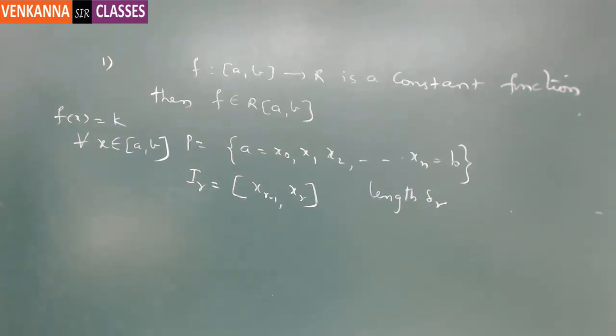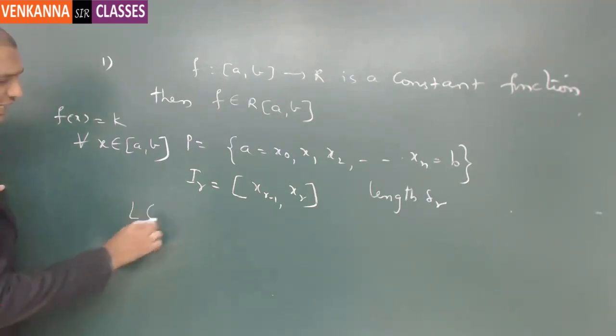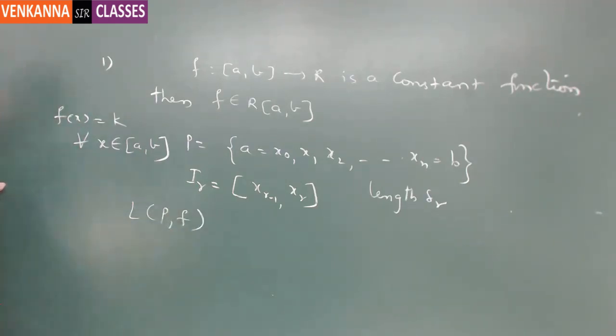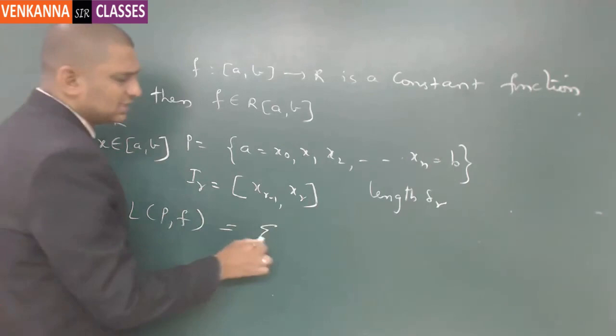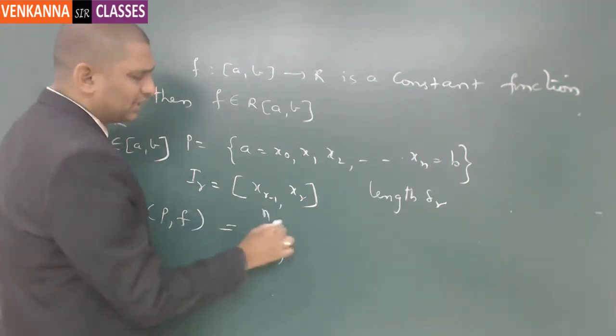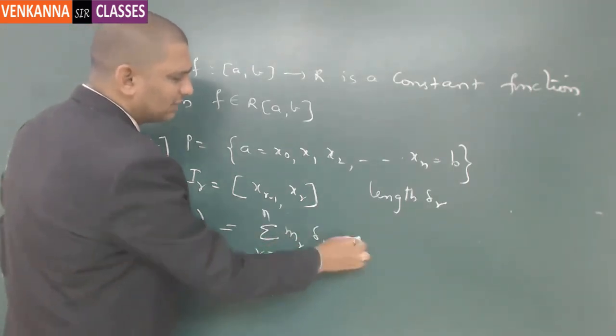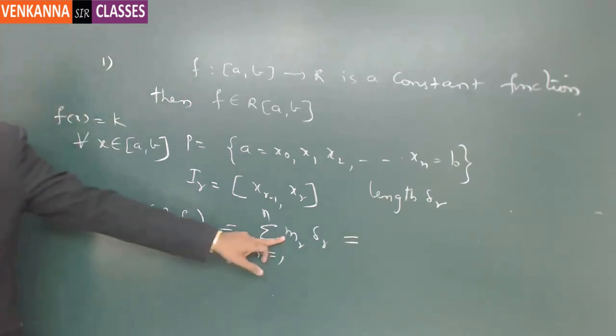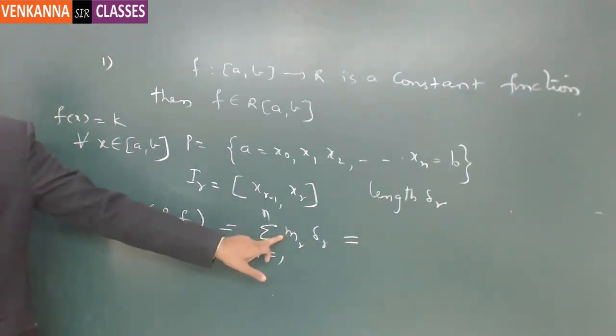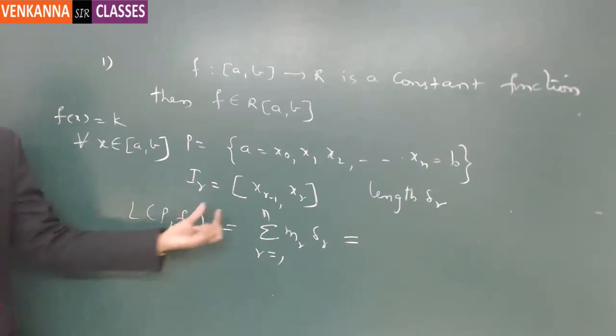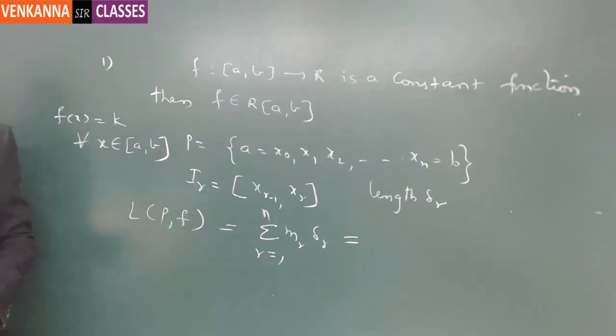Right. Now, let us calculate the lower sum as well as the upper sum. So, if we calculate L(P, f), it is nothing but summation r is equal to 1 to n of m_r delta_r. Here small m_r stands for the infimum of the function over the subinterval I_r.